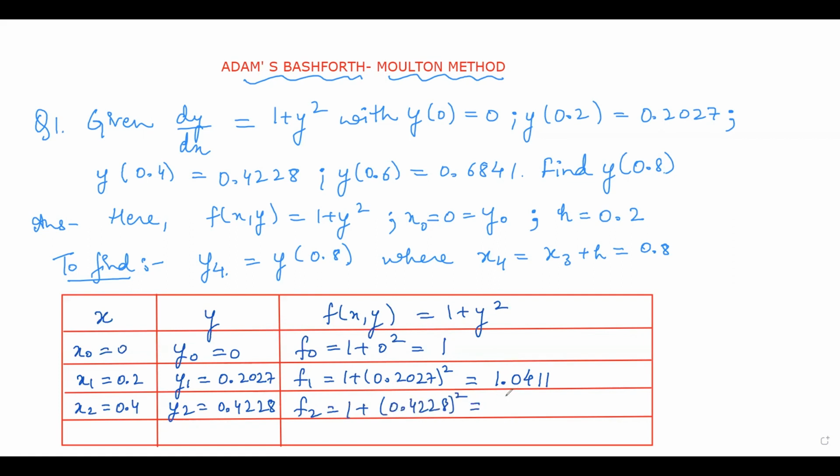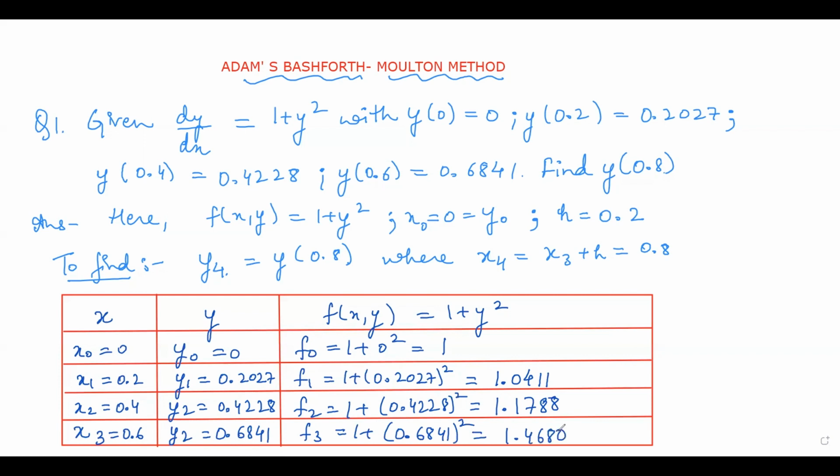After calculating this, I am getting 1.1788. x3 is 0.6, y3 is 0.6841, and f3 is 1 plus 0.6841 whole square. The answer that I'm getting here is 1.4680.